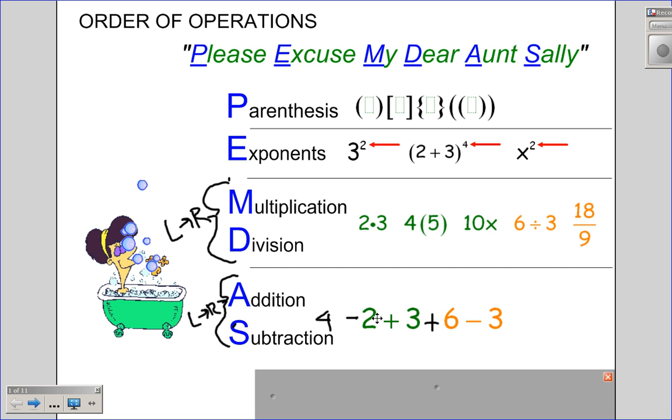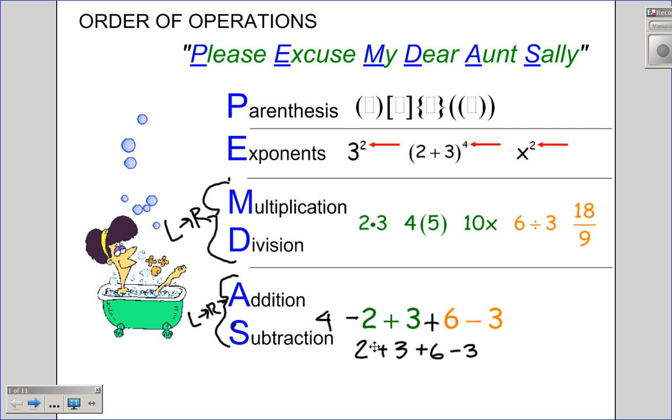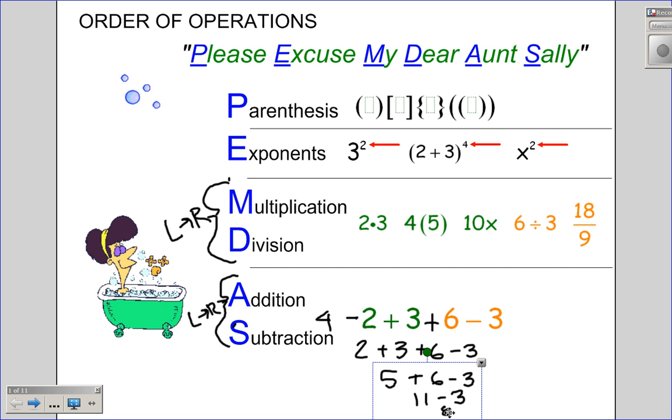We just go from left to right. 4 minus 2 is 2, plus 3, plus 6 minus 3. So if I'm just simplifying, now I do 2 plus 3 is 5, plus 6 is 11, minus 3 is 8. So this type of problem, 4 minus 2 plus 3 plus 6 minus 3, would be answer 8.